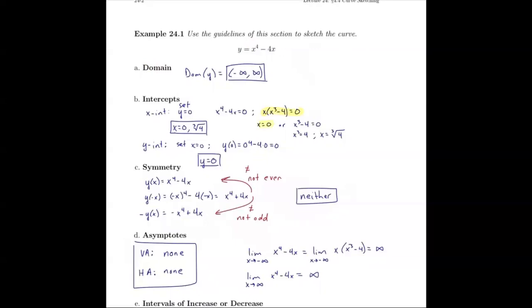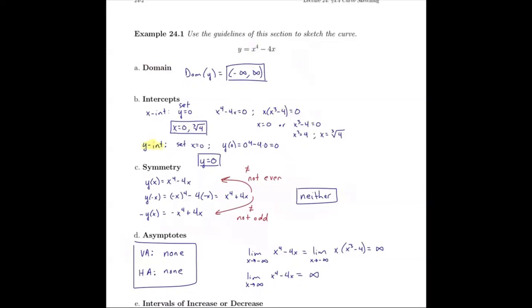First solution to this is x equals 0, and then the other side is x cubed minus 4 is 0. That's x cubed equals 4, and that's x equals the cube root of 4. And we'll just leave it as that. Cube root 4 is perfectly sufficient. And so we've got two x-intercepts when x is 0 and when x is the cube root of 4.